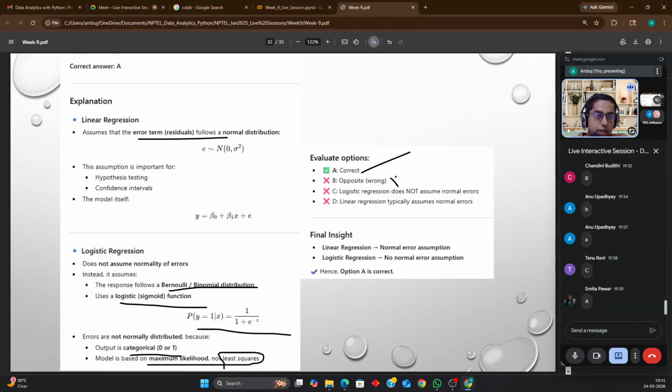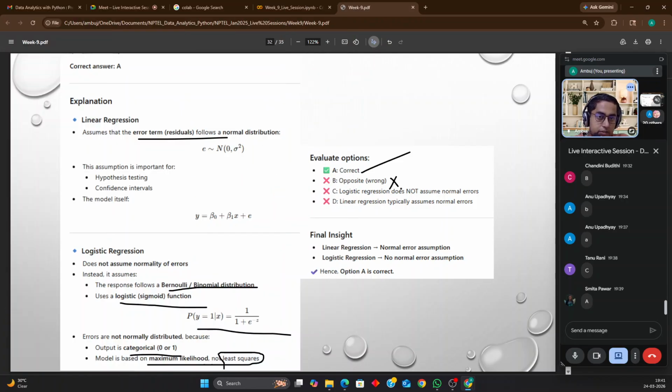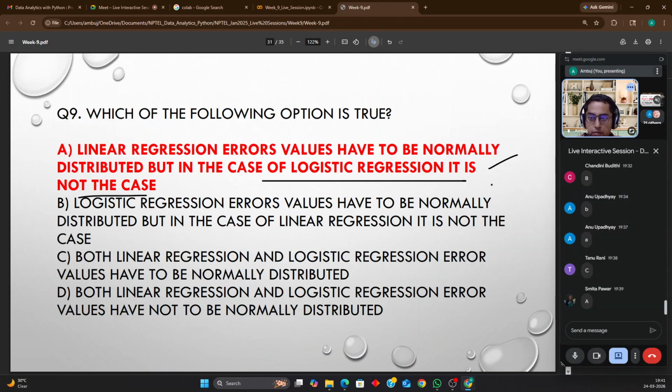B is not correct, that is the opposite of statement A. C is also not correct. Logistic regression does not assume normal errors. This statement is partially correct, but the other option would have to be 100% correct.